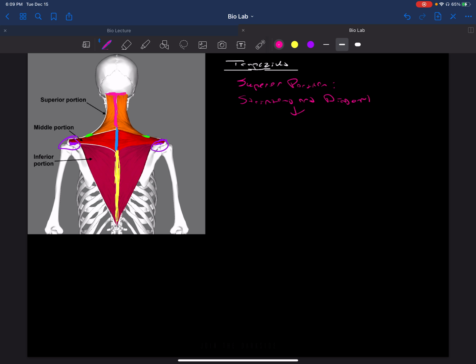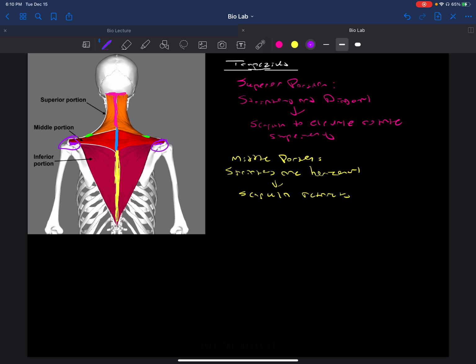And that causes the scapula to elevate and rotate superiorly. And then for the middle portion, the striations are horizontal. That causes the scapula to retract.